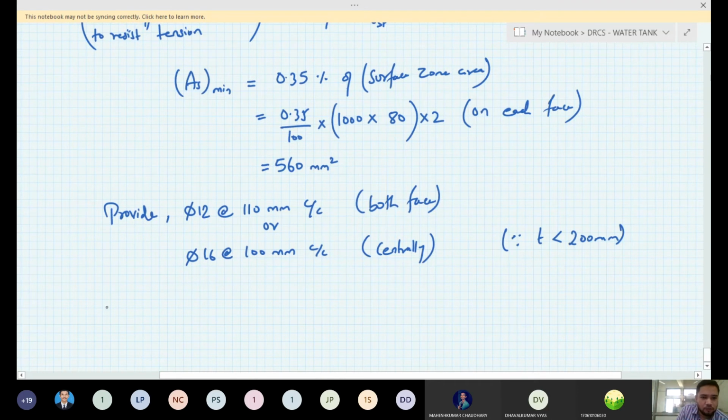And for the distribution bars, for the distribution steel, that has to be based on the minimum steel. Distribution steel based on AS minimum.